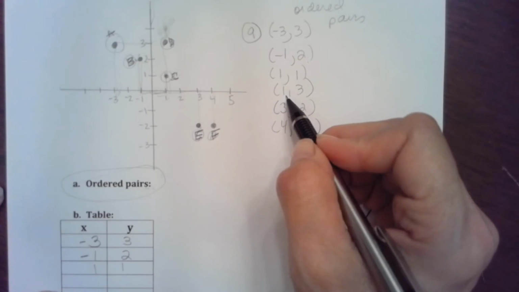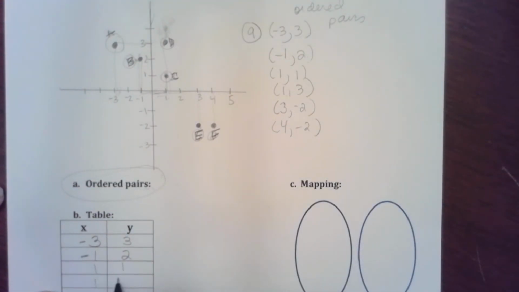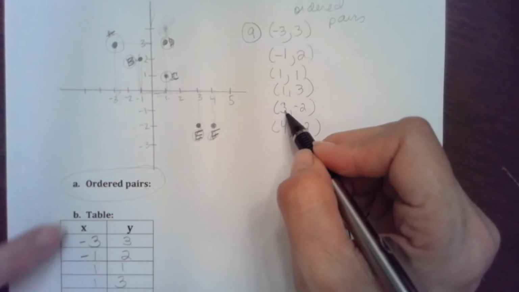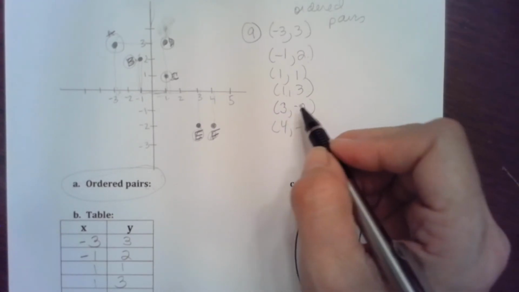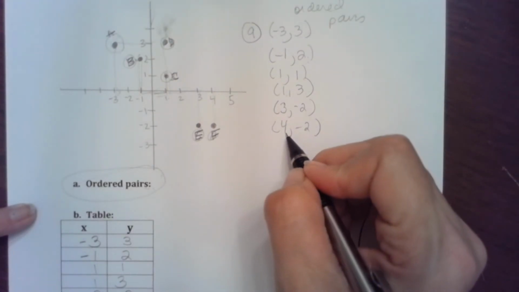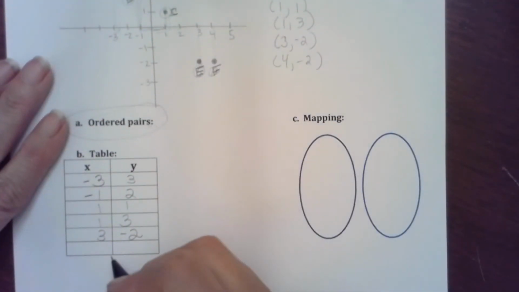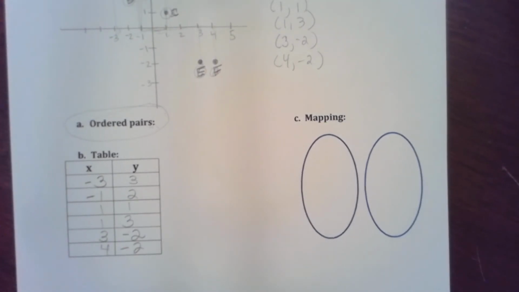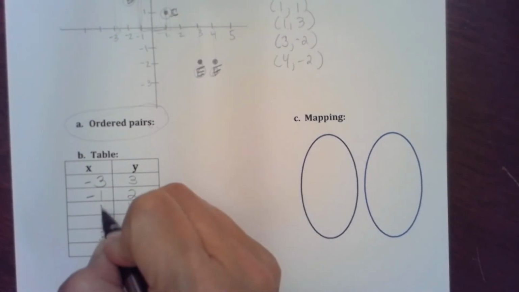When x is 1, y was also 3. When x is 3, y is -2. And when x is 4, y is also -2. So that's what it looks like in table form.